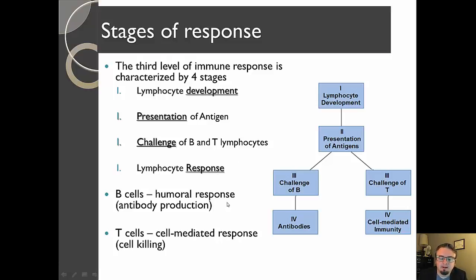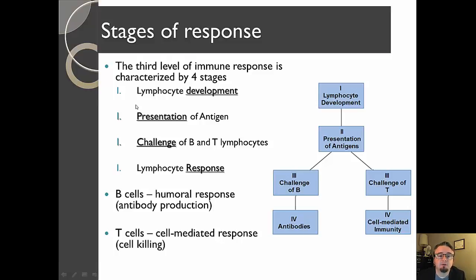Okay. Now, generally, we have 2 different types of responses. B cells conduct what's called a humoral response, and T cells conduct what's called a cell-mediated response. These are 2 different responses for each cell type, and we'll talk about those as well. So development is a very long, continual process that takes place somewhat randomly and generates an arsenal of cells with the potential to respond to, theoretically, any antigen in the known world.